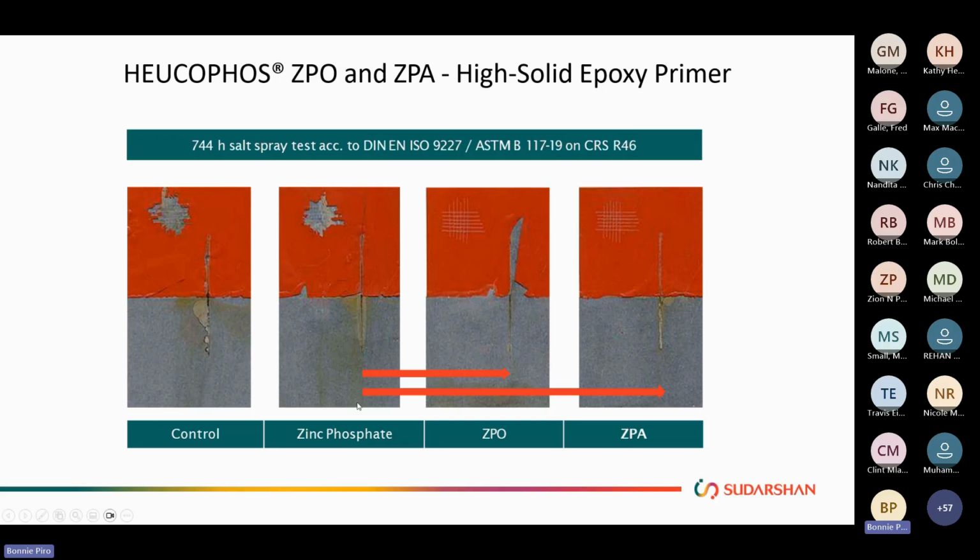So from the traditional zinc phosphate, we can move the performance in the crosshatch with the ZPO with this particular organic or organophosphate treatment, and then even further in both the crosshatch performance as well as the scribe performance with this particular product in there. All surface treatments of the base zinc phosphate.